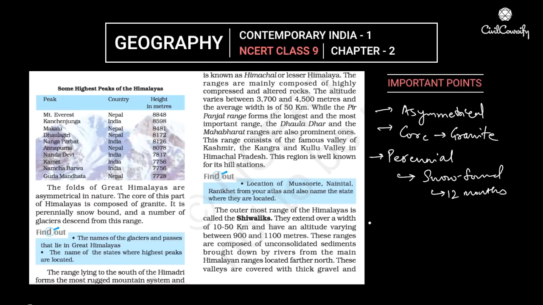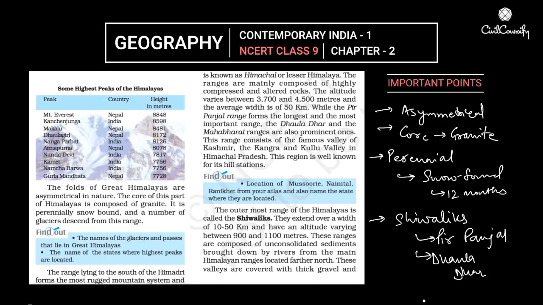Right. Another thing is that when we talk about the Shivaliks, two important ranges that we must remember are the Pir Panjal and the Dhauladhar. The Himalayas are very famous for their hill stations. Also, we must remember these mountain peaks. If you can remember all of them, great.